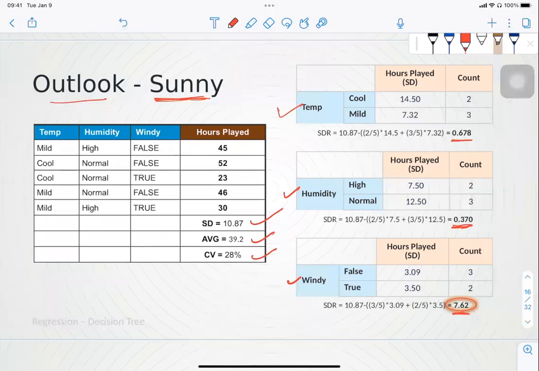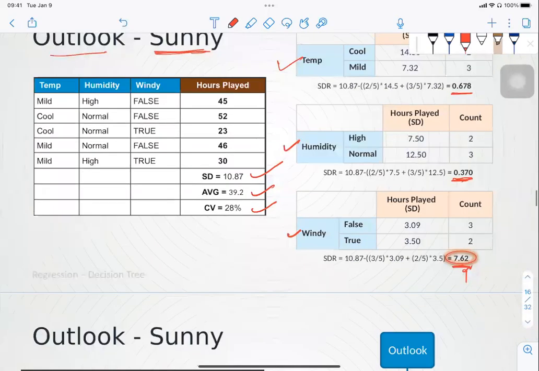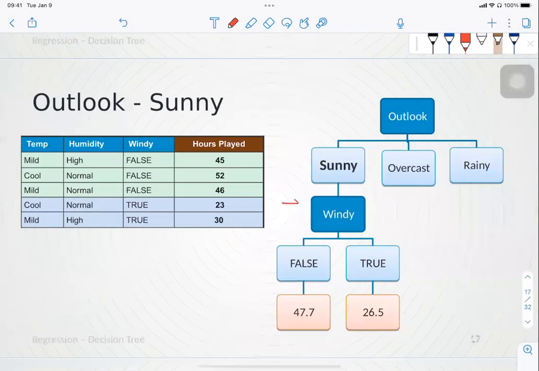After calculating all the other standard deviation reductions for sunny, we find that the maximum is in windy, and hence we'll split sunny with windy, and then we analyze that particular data set.